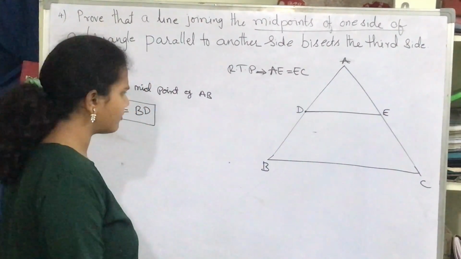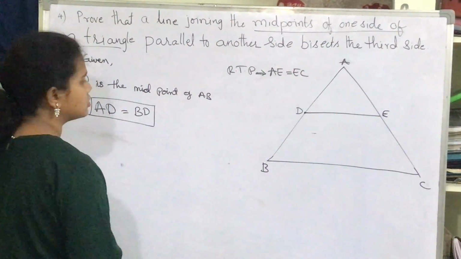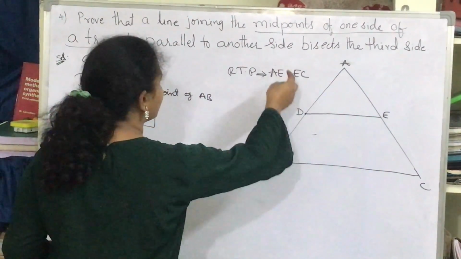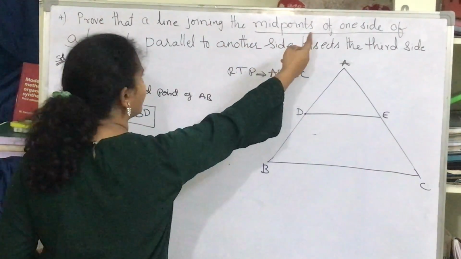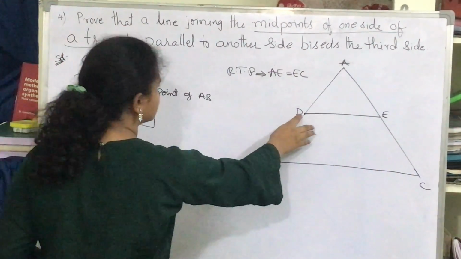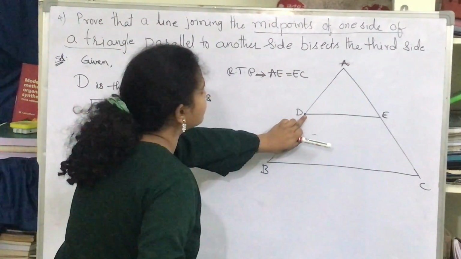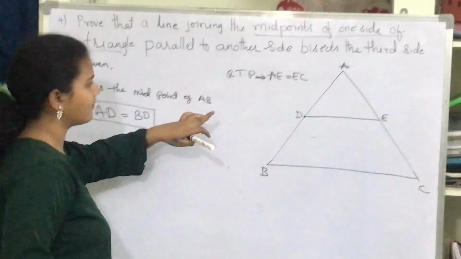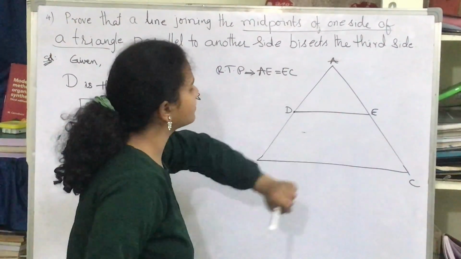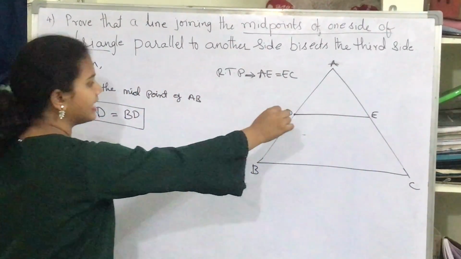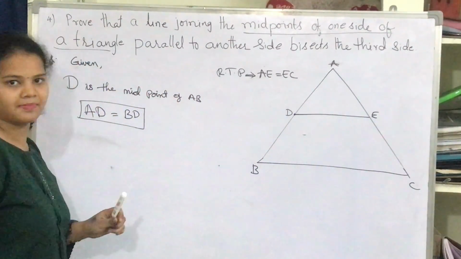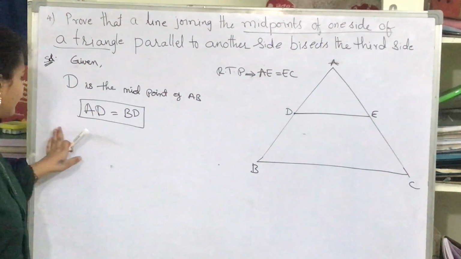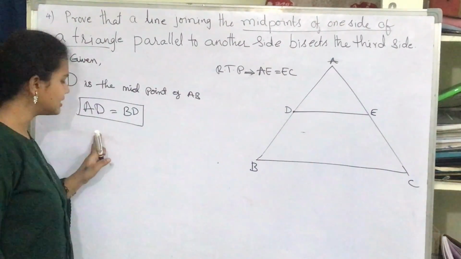This is Thales' theorem or the basic proportionality theorem. So here we are given the midpoint of one side of a triangle, as I have taken D. Now we must prove that E is the midpoint of AC. To prove this, we can use the basic proportionality theorem.